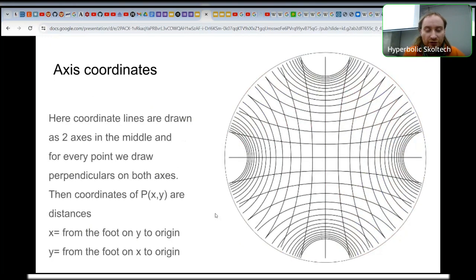Also, you have a Cartesian-like system of coordinates. If you take two axes perpendicular to each other, and you take some point in the hyperbolic plane, then you draw two perpendiculars, and then count the distance from the foot of your perpendicular to the origin of coordinates. So this is a Cartesian-like coordinate. Here is the definition.